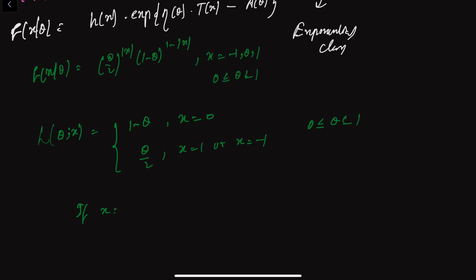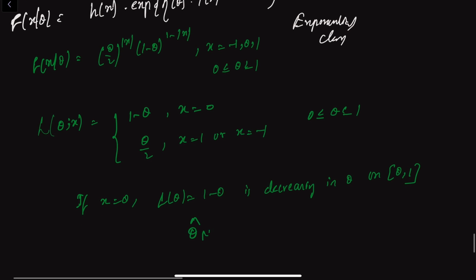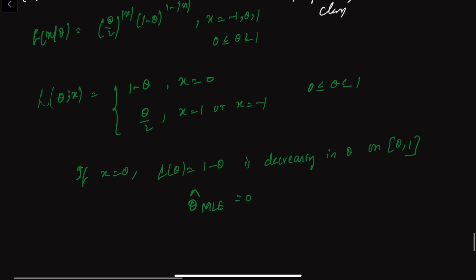So if x is equal to 0, our likelihood is 1 - theta, and this is decreasing in theta on 0 to 1. That means the maximum occurs at the boundary, so theta hat MLE in this case would be 0.